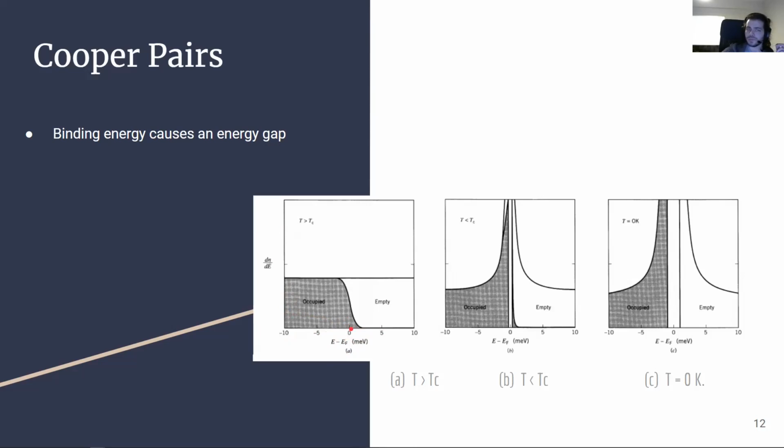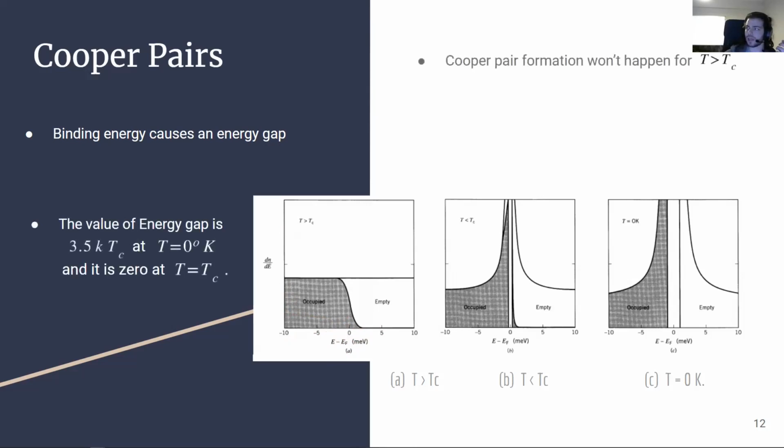And at higher temperatures, the formation of Cooper pairs won't happen above Tc. At T equals Tc, the energy gap will be visible. So there will be an energy gap.